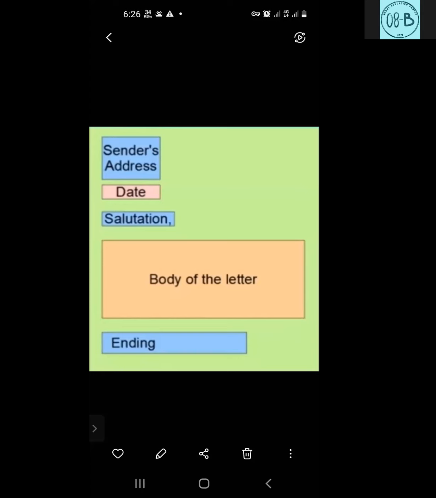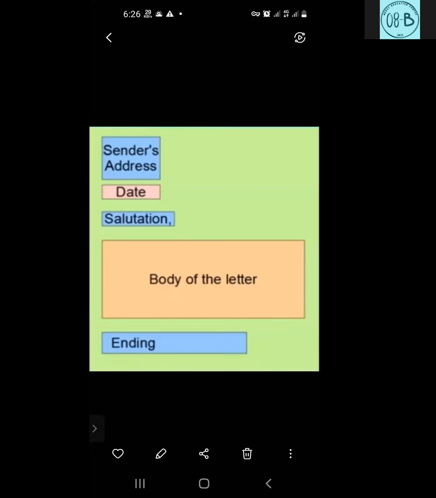Yes, very good. So the next thing, what we have to write next? Date. Does the date given here? No, sir. The date is not mentioned in this letter, isn't it? Yes, sir. Yes, very good.